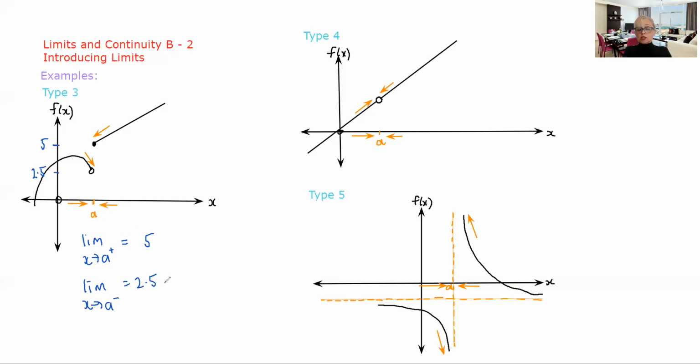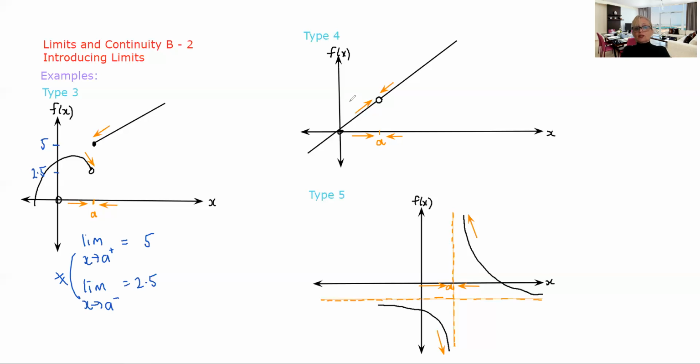Even though it's not going to actually equal that, it's tending towards it. We've got a jump. These two limits are not the same. Therefore, we say the limit does not exist at that particular x value of a. And we have a discontinuity. That's how they kind of link up there.